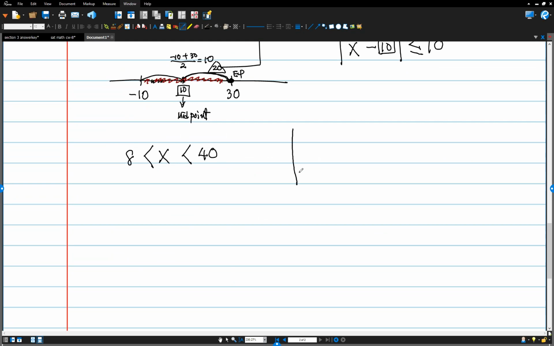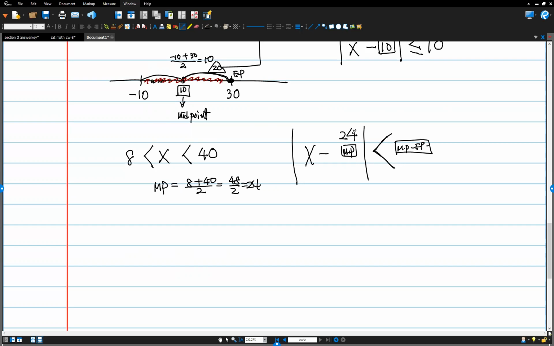We know that the absolute value is x minus the midpoint. Since the solution is inside two numbers, it must be less than, so we can decide that quickly. Then the distance from the midpoint to the endpoint. Now what is the midpoint? 8 plus 40 divided by 2. 48 over 2 is 24, right?